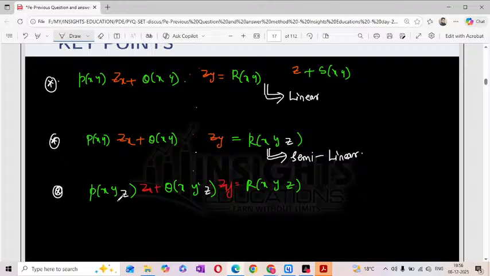So this we call the quasi-linear differential equation. Quasi-linear differential equation means here zx, zy must be linear, but the z is not in the linear mode.